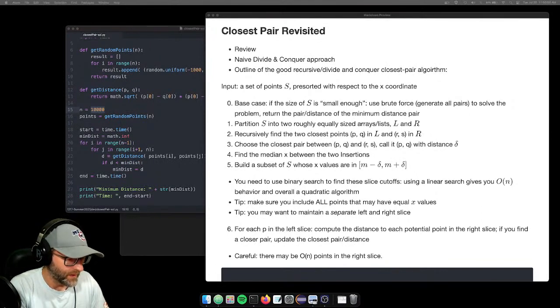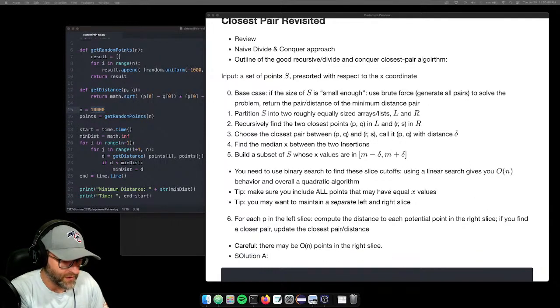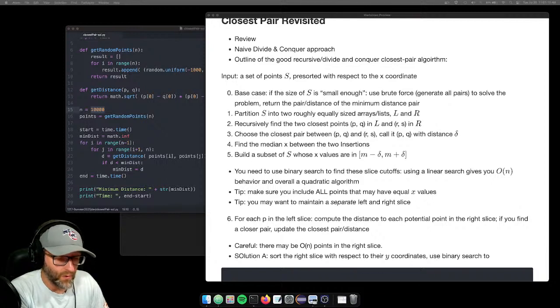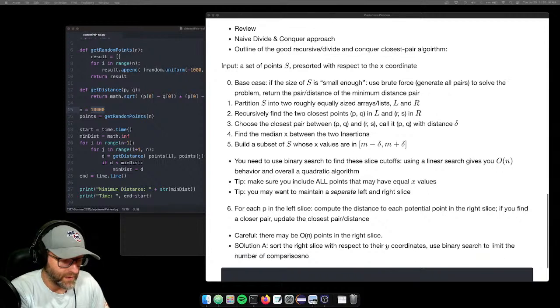So solution A, which is what I just talked about: sort the right slice with respect to their y coordinates, and use binary search to limit the number of comparisons to the range we've called p.y minus delta up to p.y plus delta.